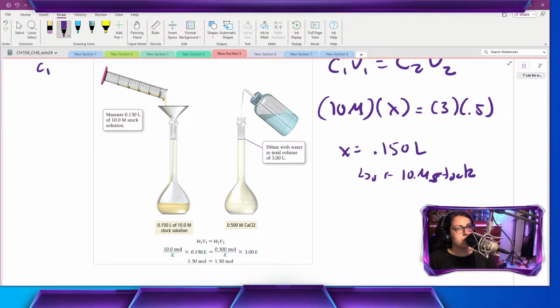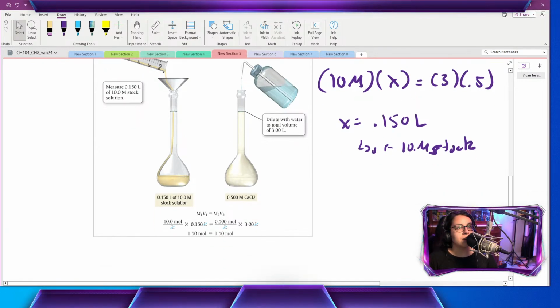If we were trying to be more precise, we might want to use a burette or volumetric pipettes. So then we get this in here, then you start diluting it. We fill it up, maybe shake it around a little bit, and then continue filling all the way to our line. Again, you can't go over, or else you have to start over because it would be inaccurate.